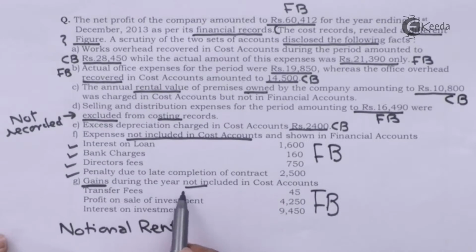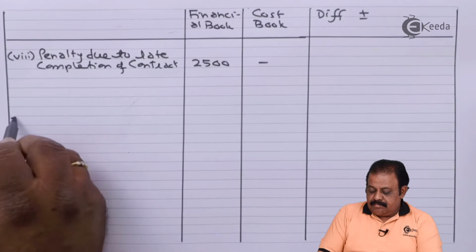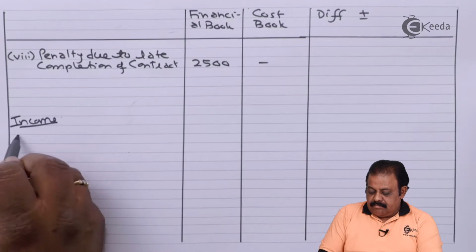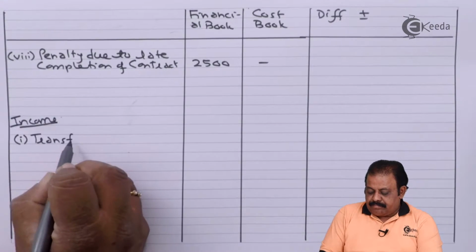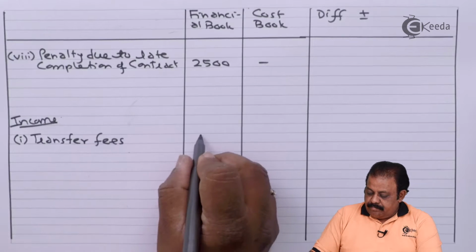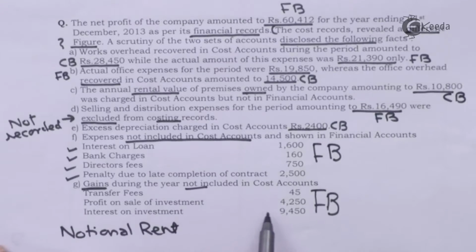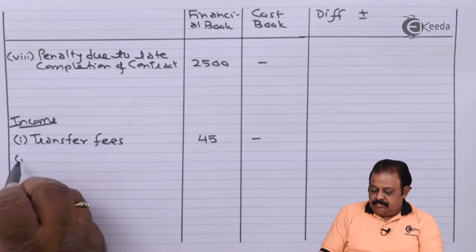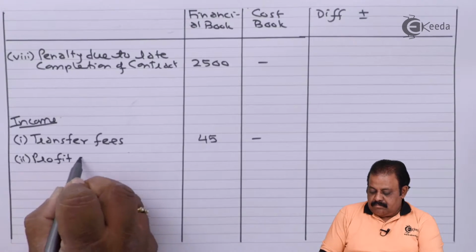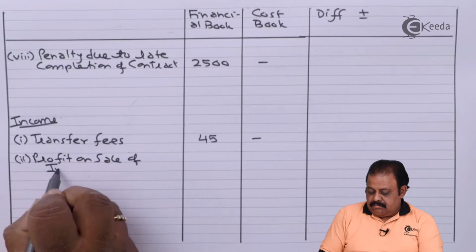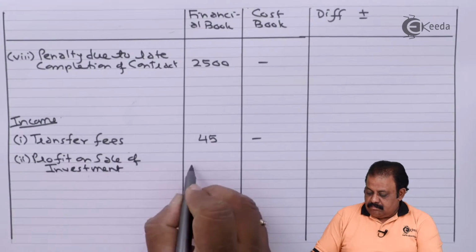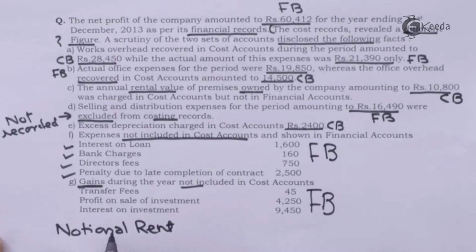Gains during the year not included in cost account. Transfer fees 45 rupees. Profit on sale of investment 4,250. Interest on investment 9,450.